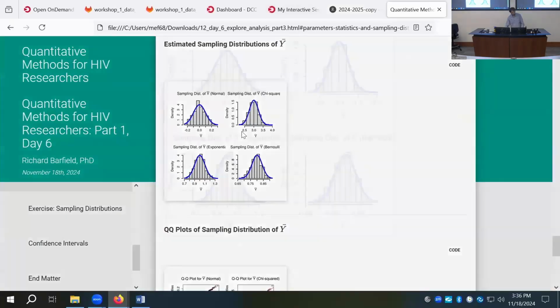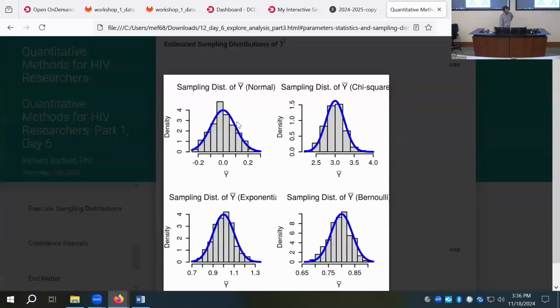Okay, well, anyway, this is kind of what it looks like in the plot. This shows the y bar of, say, a normal. This is the y bar of the chi-squared. This is of the exponential. And this is of the Bernoulli. Okay, so you can see they all are relatively bell-shaped. They're not perfect, but they're definitely approaching normality.